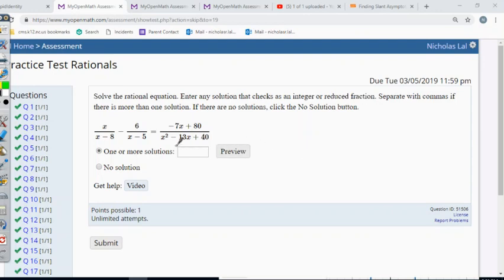So we need a factor. This is, by the way, x minus 8, x minus 5. So we have negative 7x plus 80, that's already factored, equal to 6 over x minus 5 times x minus 8 over x minus 8.